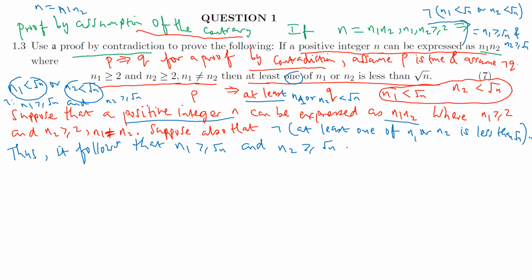Suppose a number can be written as n1, n2, you can factor it out, with n1, n2 greater or equal to 2, such that they're not equal. Moreover, you suppose that n1 is greater or equal to the square root of n, and n2 is greater or equal to the square root of n.